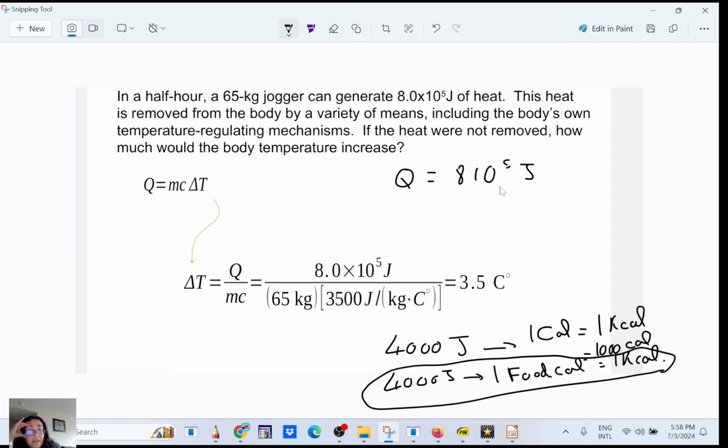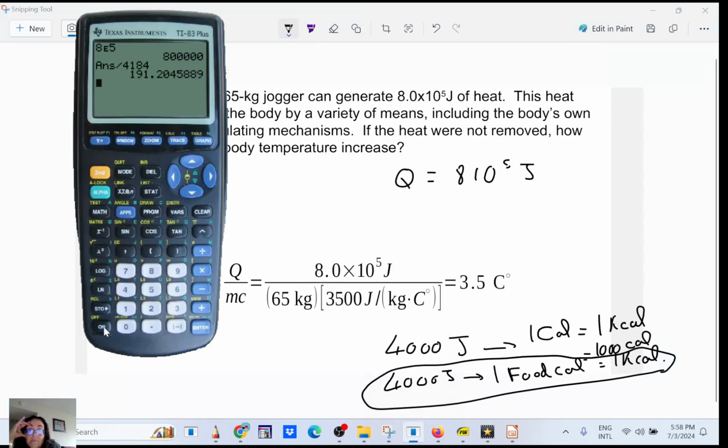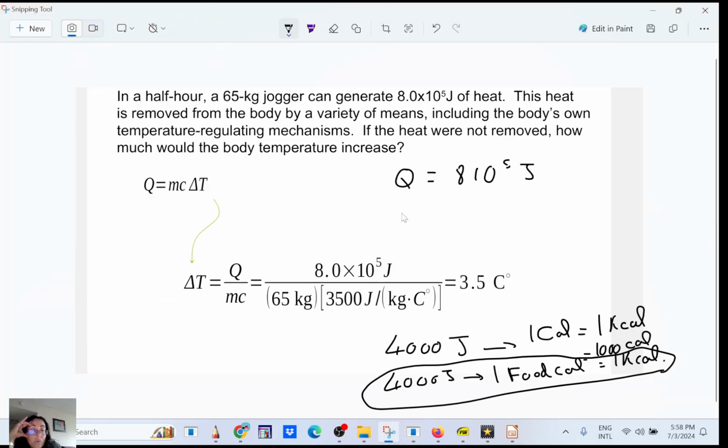So if I want to find out how many calories are being used in the problem, you divide 8 times 10 to the 5 by 4,000. So you have about 190 food calories.